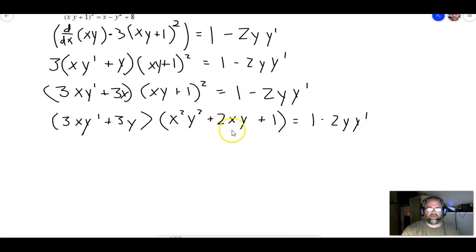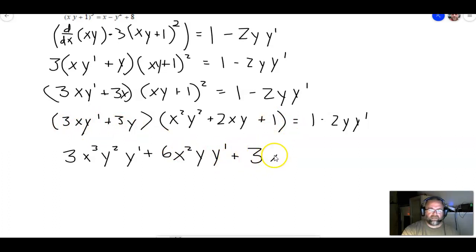And then we're going to have to multiply this big sucker out here. So we're going to get, oh my gosh, so this times this, that's going to be 3x cubed y squared y prime. And now this times this, so plus 6x squared y prime. And then this times that, so that's going to be plus 3xy prime. And then we're going to have that times this.